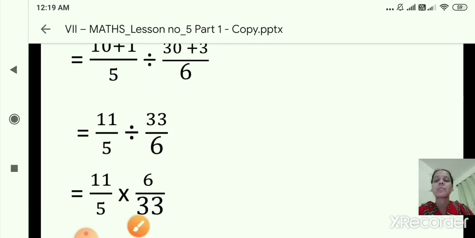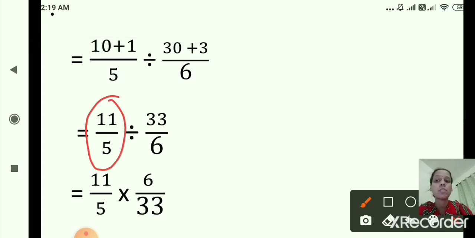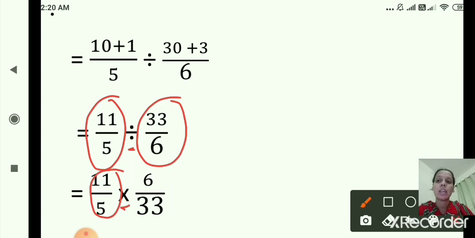In place of the divide sign, you will write multiplication, and you will take the multiplicative inverse of the second fraction or second rational number, that is 33 upon 6. So the multiplicative inverse of 33 upon 6 is 6 upon 33, right? After getting this, you can do multiplication, numerator multiplied by numerator and denominator multiplied by denominator.